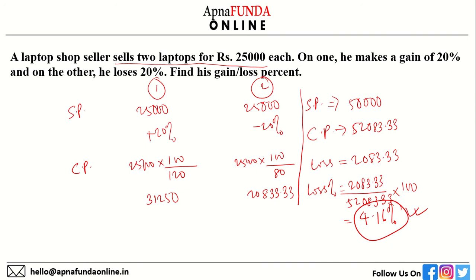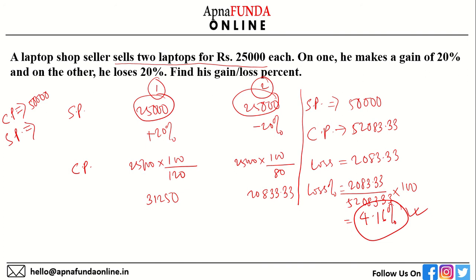Let's say in this situation, instead of 25,000 as selling price, if cost price would have been 50,000, the selling price would have been, on one he makes 20% profit, and on the other he makes 20% loss. So 20% profit will mean 30,000, and in this case it will be a loss.